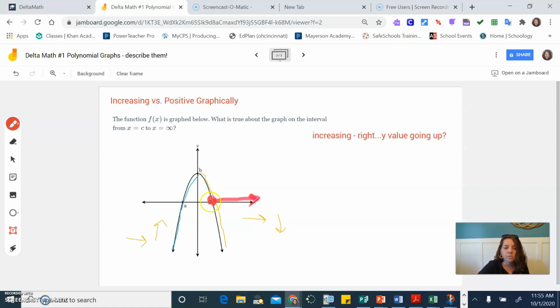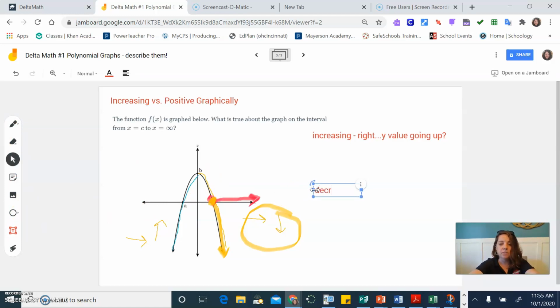So from this point to the right, I have to follow that point and to the right and see what's going on. Well, it's going down as I go to the right. So this particular function is decreasing.